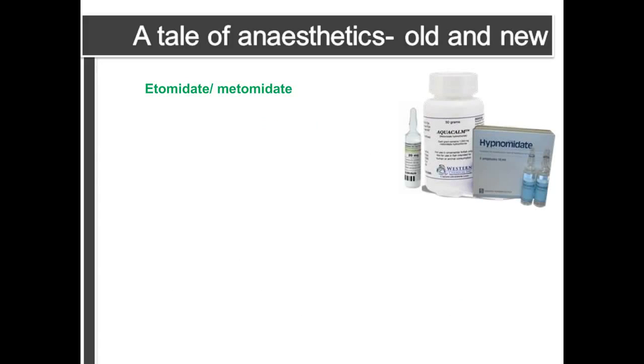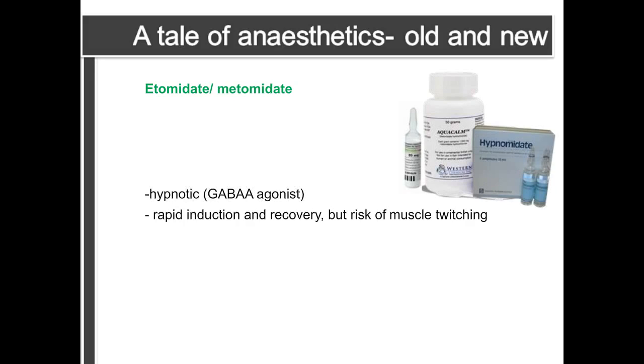The etomidate and metomidate are hypnotic anesthetics often used in veterinary science. They induce rapid induction and recovery, but there is some risk of muscle twitching. They do not provide analgesia, so it's better when you just want to immobilize the fish and reduce cortisol levels.